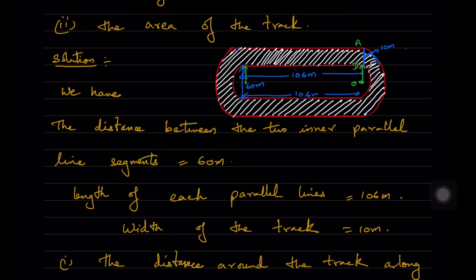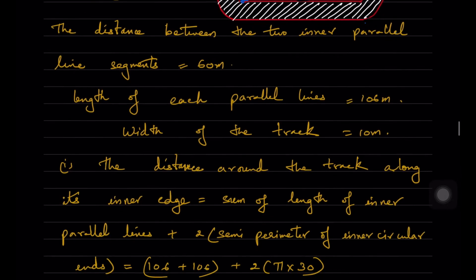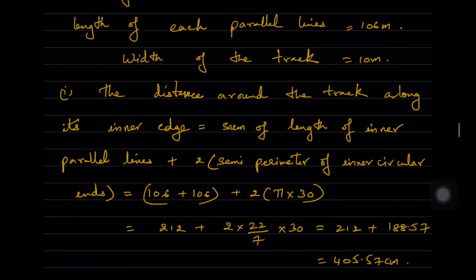So now this is equal to 106 plus 2 into pi into 30, that is 2 pi r, because r is equal to 60 by 2, which is equal to 30 meters.